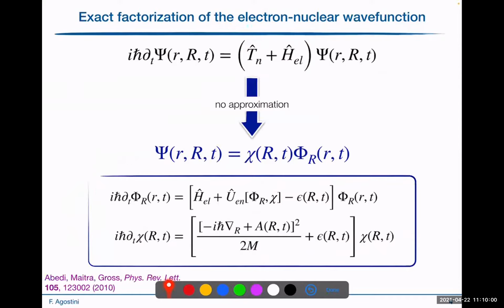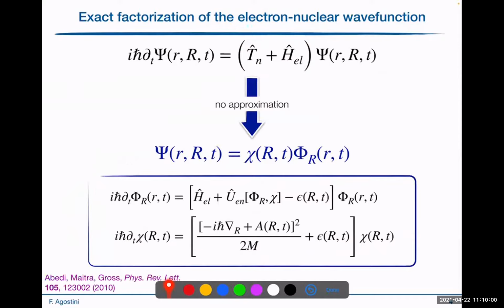As I said before, the nuclear equation is a real time-dependent Schrödinger equation because in square brackets you have a Hamiltonian. In this Hamiltonian you have the nuclear momentum, a vector potential that depends on time, and a scalar potential that also depends on time. Both of them depend on the solution of the electronic equation.